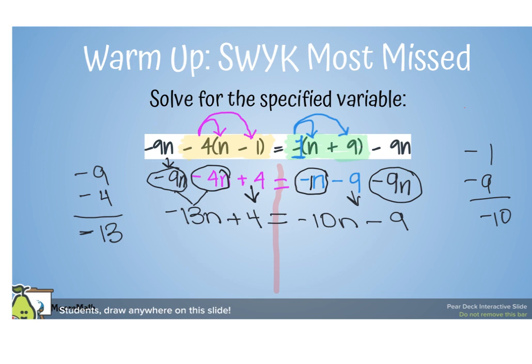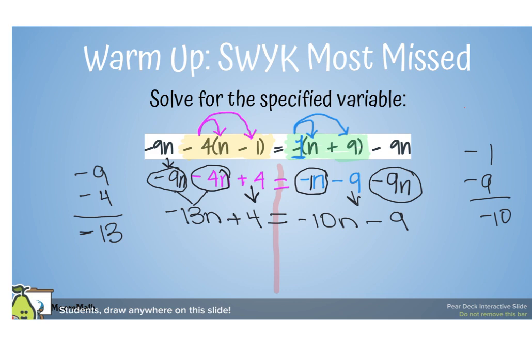So now the next step is I'm going to want to move all my variables to one side and then move all my constants to the other side. The order that you choose to do that does not matter. It's basically a chess move. You want to just use whatever is the best strategy. So I'm going to look at this, and I know somehow I'm going to end up moving that -9 to the other side. So then that's going to be gone. And then I'll add that 13. So you know what?